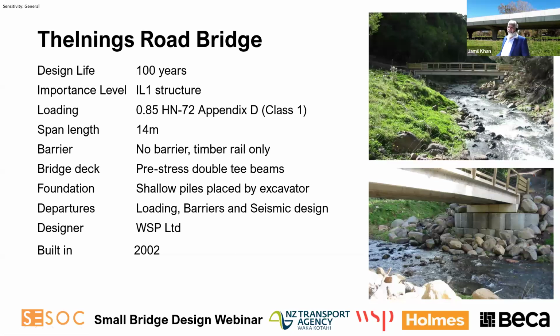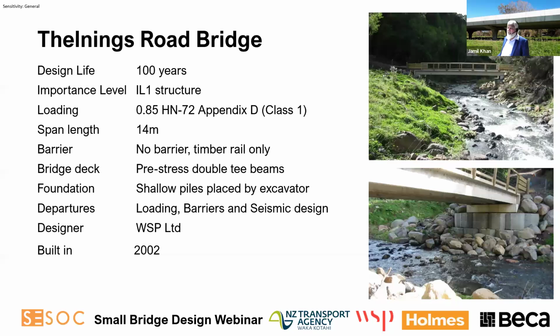The next example is Milling Road Bridge. Again, design life is 100 years, and importance level 1 because of the low volume traffic classification. For traffic loading we adopted Appendix D, which is 0.85 HN loading. This is a single span of 14 meters. On this bridge there's no barrier, but timber railing is provided.